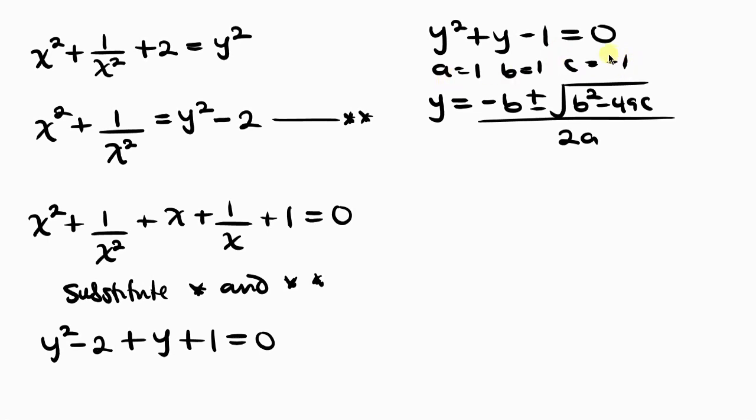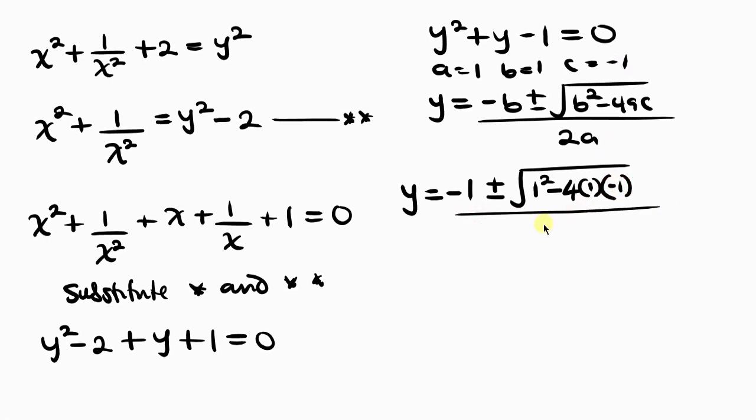Now let's substitute this here. So we're going to be having y to be equal to minus b, that is minus 1, plus or minus the square root of b squared, that's 1 squared, minus 4 times a, which is 1, times c, which is negative 1, all over 2a, that's 2 times 1, since a is 1.